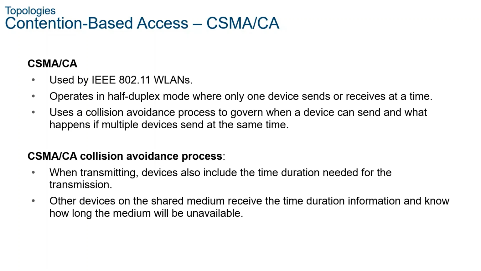In wireless environments, it may not be possible for a device to detect a collision. CSMA/CA does not detect collisions but attempts to avoid them by waiting before transmitting. Each device that transmits includes the time duration that it needs for the transmission. So all other wireless devices receive this information and know how long the medium will be unavailable. So it uses avoidance rather than detection.